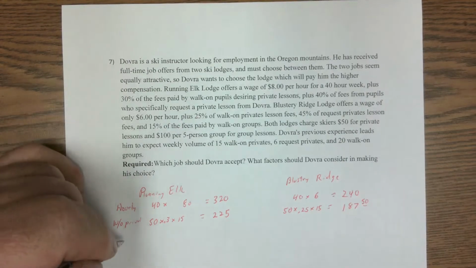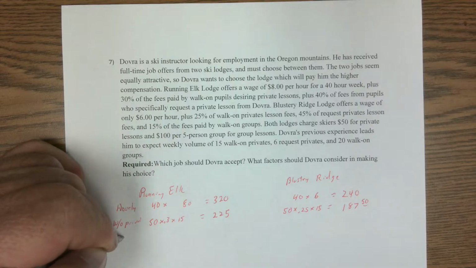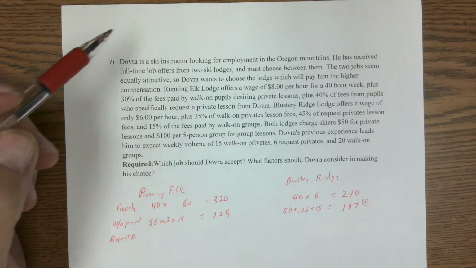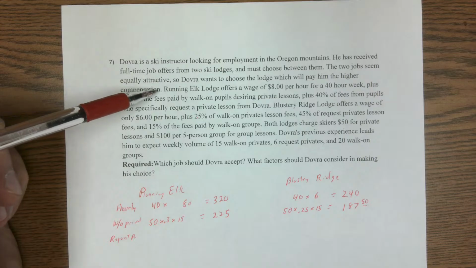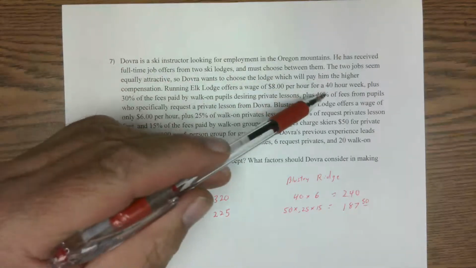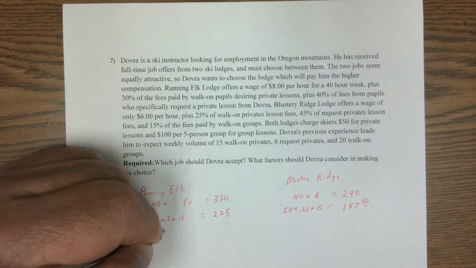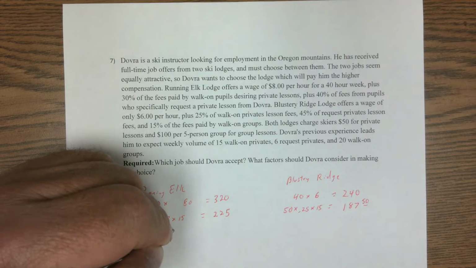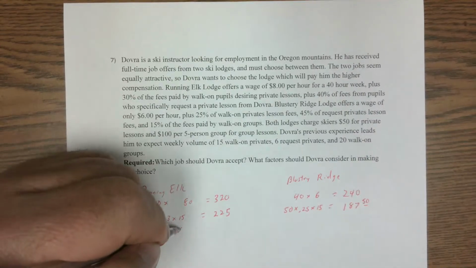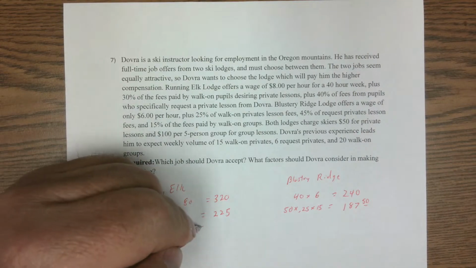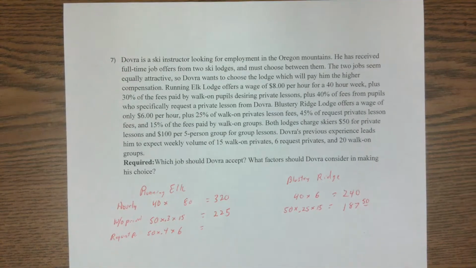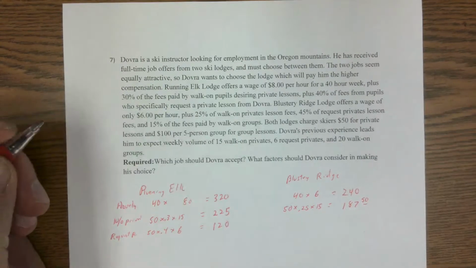6 request privates. And Running Elk pays 40% of that. So that would be 50 times 0.4 times 6, which would be $120.